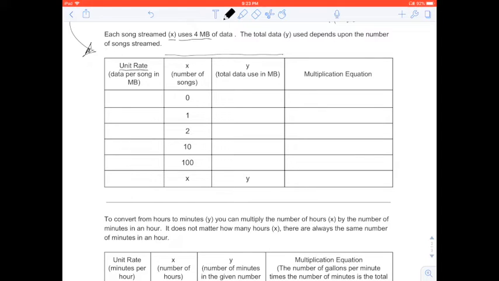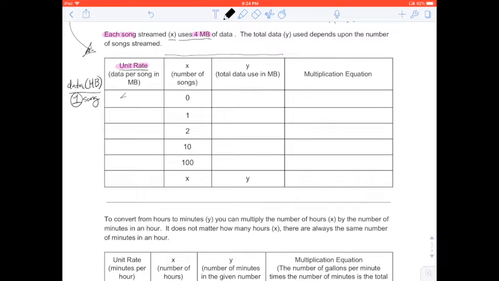Okay, I'm assuming you're back. So our unit rate is, and let me just write this, data in megabytes per one song. Our unit rate is for one unit, one song. And we see in our description that we've got each song. So one song uses 4 megabytes.